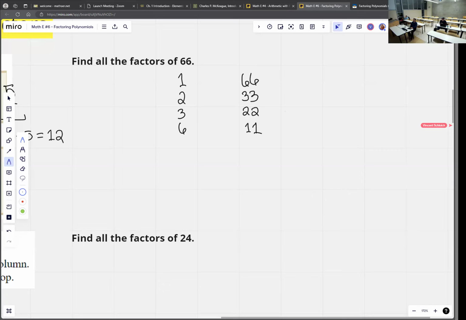If I add up 6 and 6, I get 12. 9 does not go into 12. Does 10 work? No, it doesn't end in 0. And now I'm back where I was. If there was anything bigger than 10 that worked as a factor, it would already be on this side of the horseshoe, because it would need something small to go with it. So I have now found all the factors of 66.